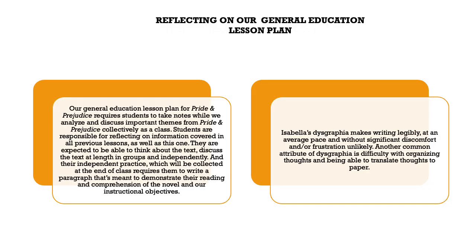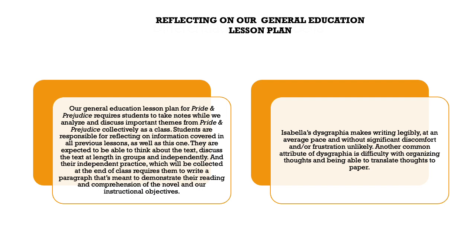Let's take a second here to reflect on the general education lesson plan that we put forth and how this relates to Isabella's dysgraphia and the way that we differentiated for it. Our general education lesson plan, as with many general education lesson plans related to literature, requires the students to take notes and analyze parts of the text with themselves and their classmates as we go along.